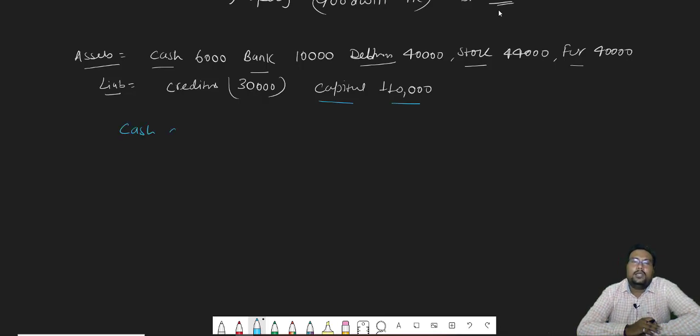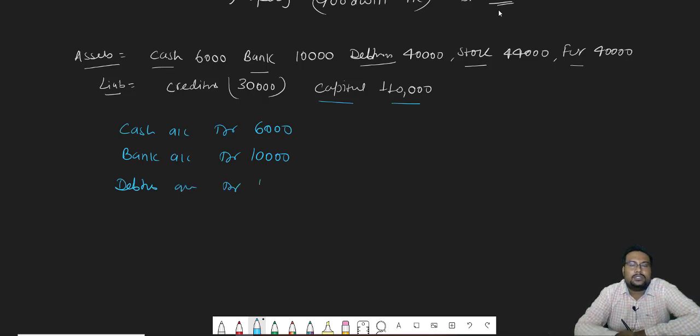So how to solve this? Simple. Whatever assets are there, pass them in the debit side. So cash account debit 6,000, bank account debit 10,000, debtors account debit 40,000. Stock is also an asset, so stock account debit 44,000.